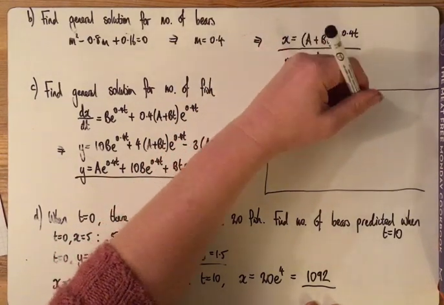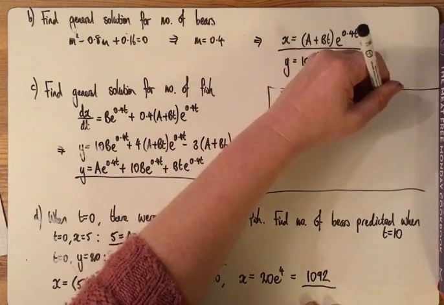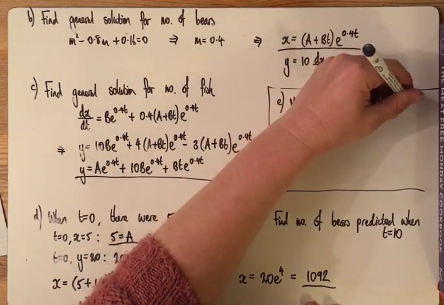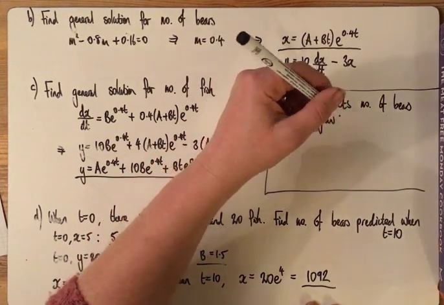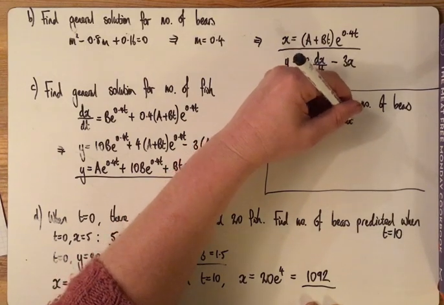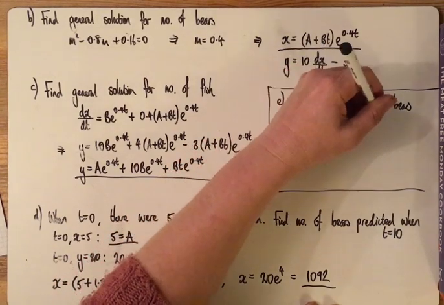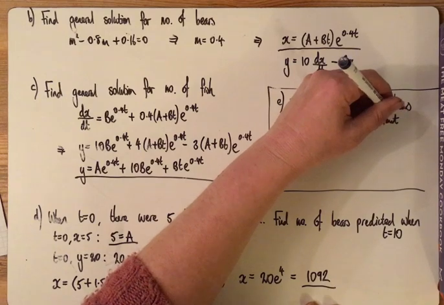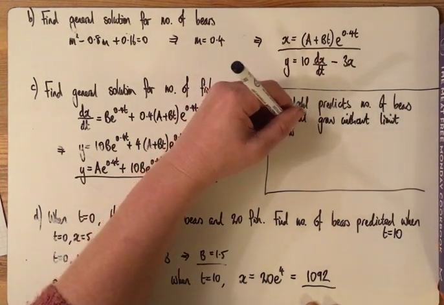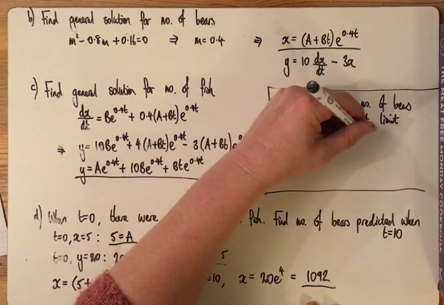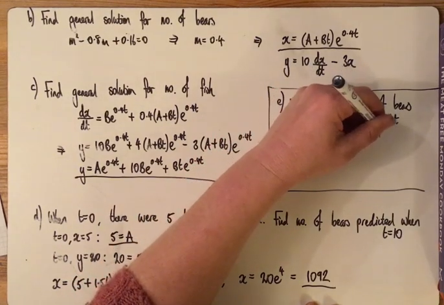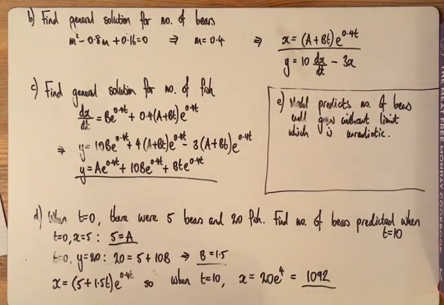So the model predicts the number of bears will grow without limit, or indefinitely, or words to that effect, continue growing forever, which is unrealistic. So this question is the nuts and bolts of what you need to do with these linked, coupled, first order simultaneous equations.